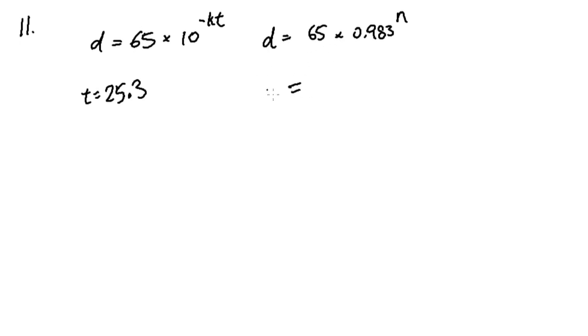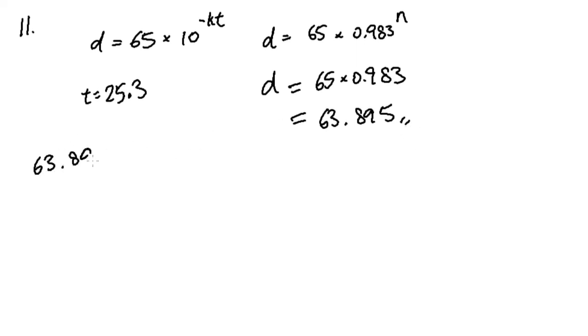If t equals 1, d equals 65 times 0.983, which is 63.895, and so 63.895 is equal to 65 times 10 to the minus kt.